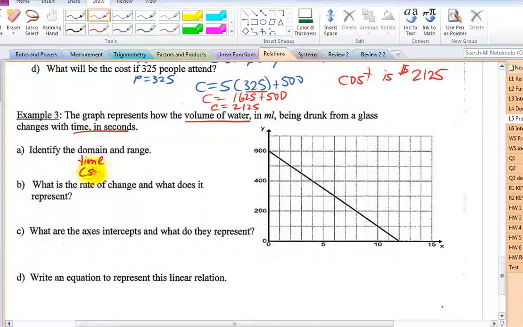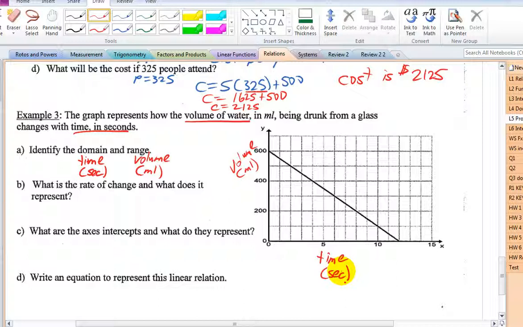And it's in seconds. The range is the volume, and it's in milliliters. So we can put that in a graph now. Volume, milliliters in brackets, time, seconds in brackets. Okay.